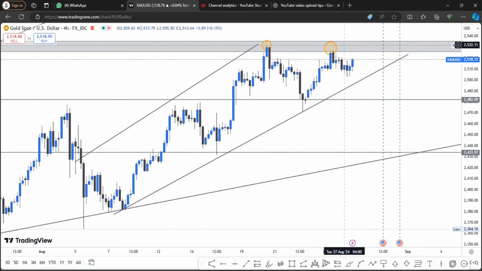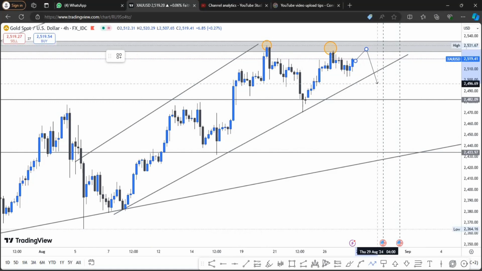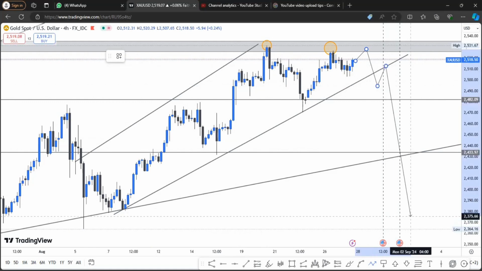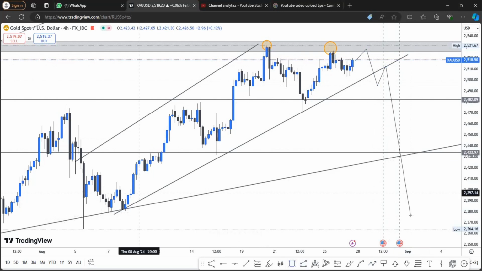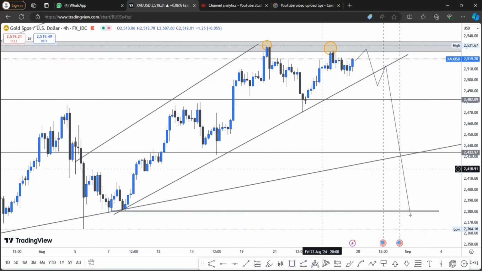The market could break this uptrend for a retest, so that it can come here for the 90% rule. The 90% rule of this one is here, so the market has to reach this point once it breaks the trend line here.